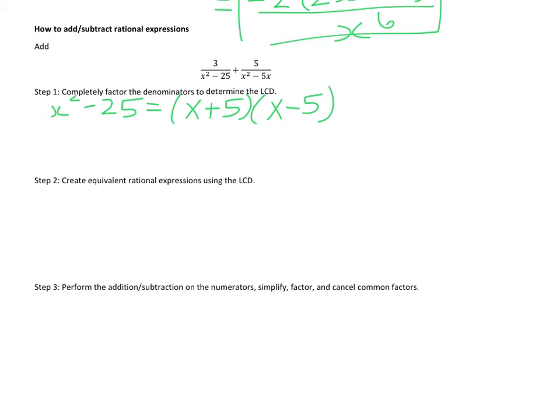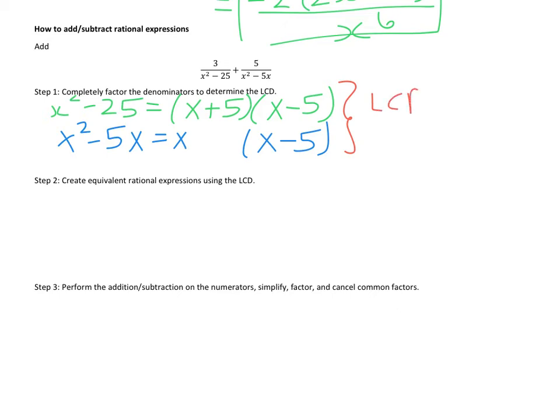And then x squared minus 5x, that's going to be x times x minus 5. I'm just lining up the factors so I can easily see what our common denominator is going to be. Okay, so our LCD then has to have all the factors represented, so all the denominators can multiply into it.